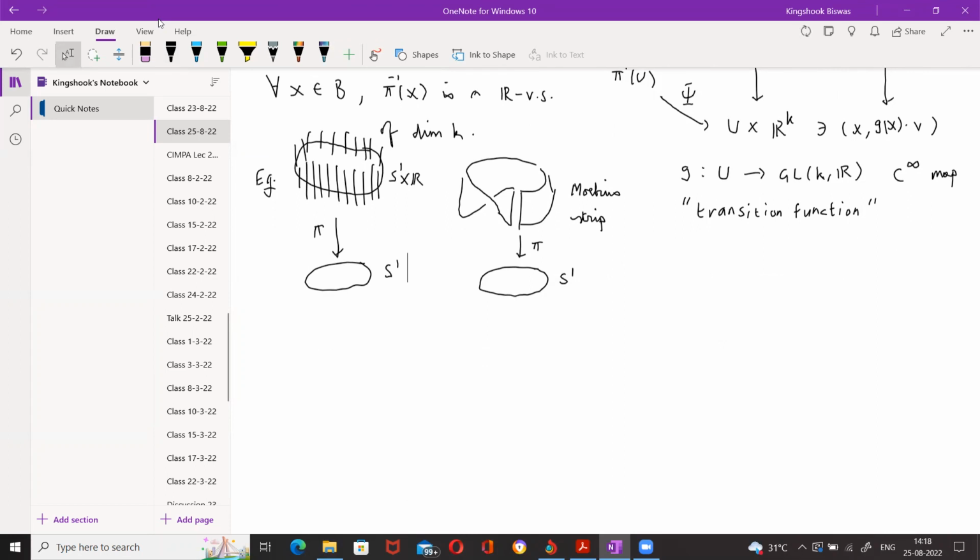See, what you have normally is a collection of local trivializations, charts, which are an open cover of the base, U alpha, together with trivializations phi alpha from pi inverse U alpha to U alpha cross R^k.